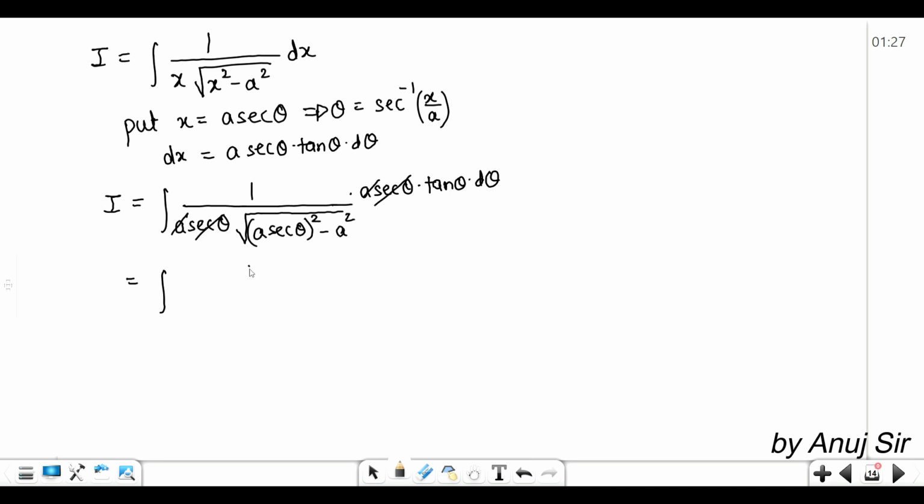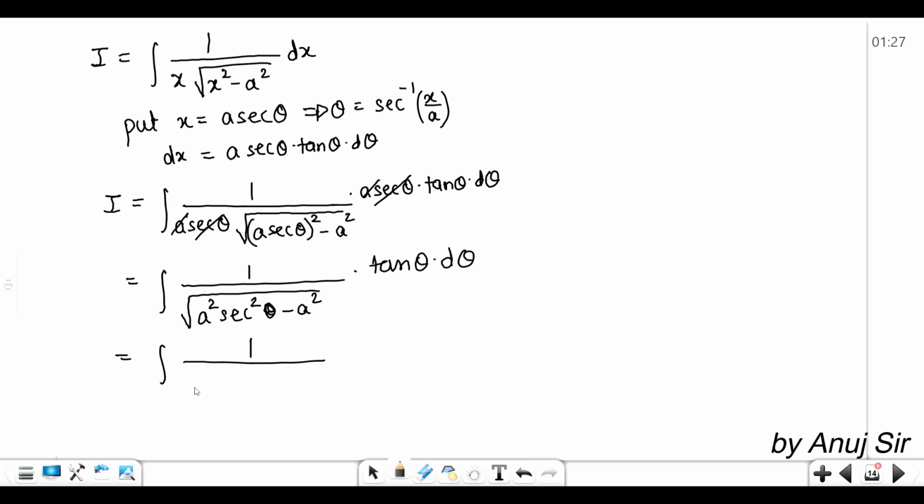We are left with the denominator as the square root of a square sec square theta minus a square, multiplied with tan theta in the numerator. You can take a square common inside the square root also, that gives you a, so you are left with sec square theta minus 1, and tan theta in the numerator.